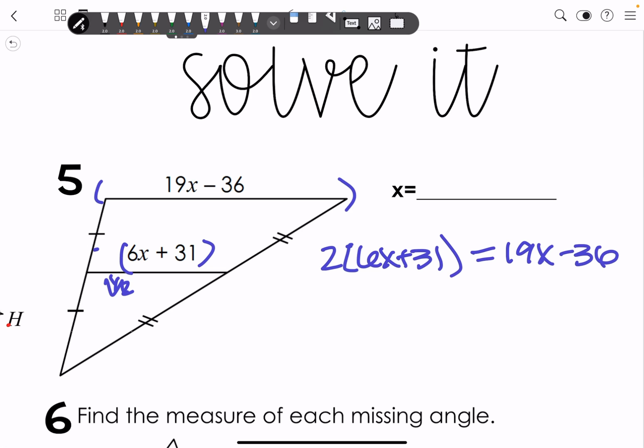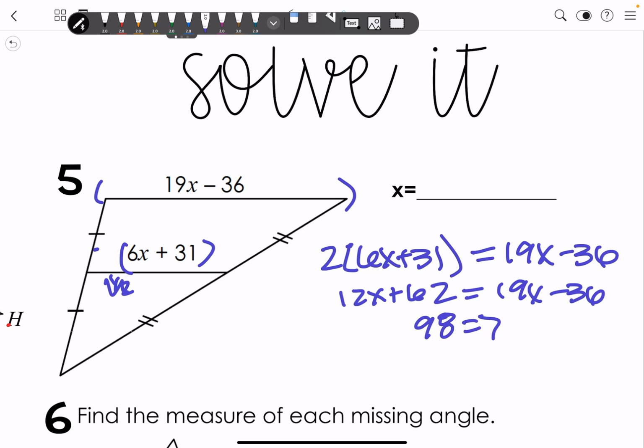So then all you're going to do is distribute and then move your variables and solve for x. So I get 12x plus 62 equals 19x minus 36. Then I get 98 is equal to 7x. And I got x is equal to 14.